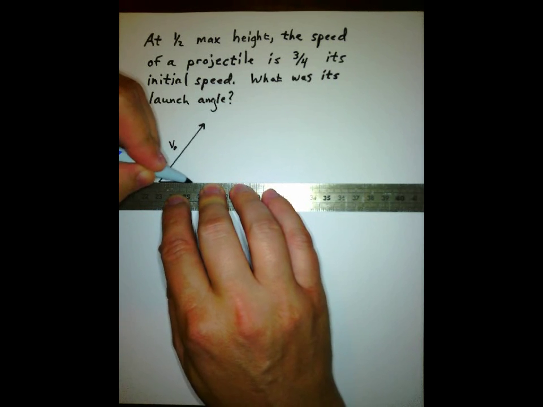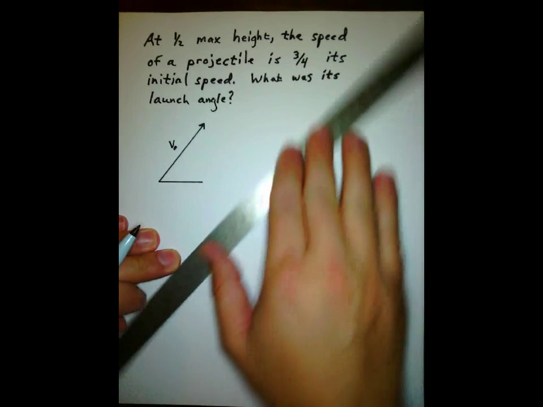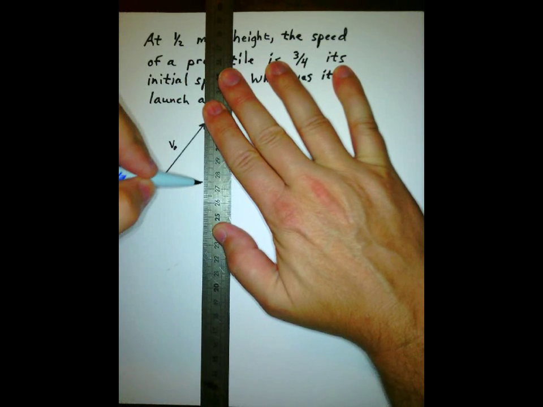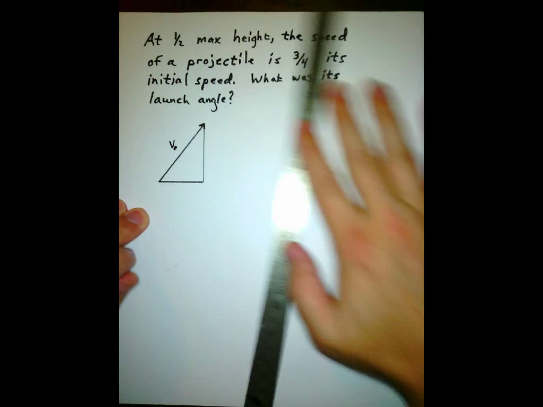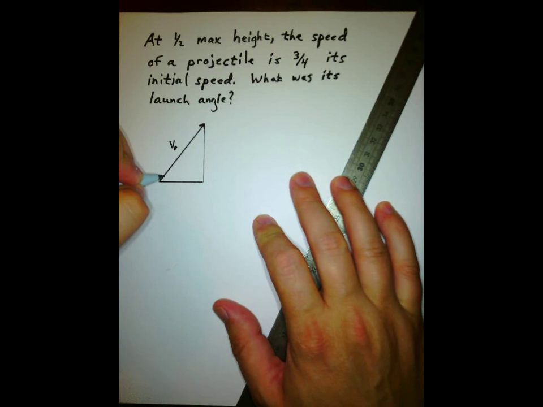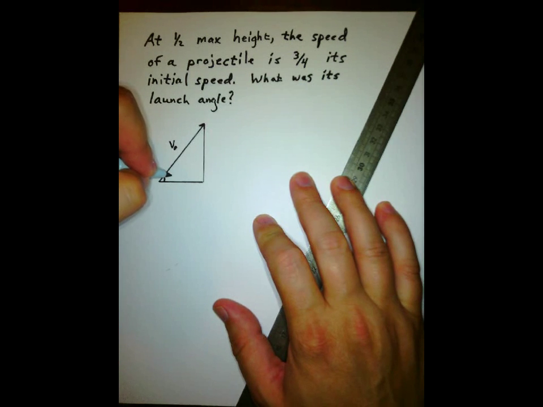We're going to separate our vector into components here. We all know that we do that by making a triangle. And the launch angle that they're asking for would be theta. It would be right here, right?